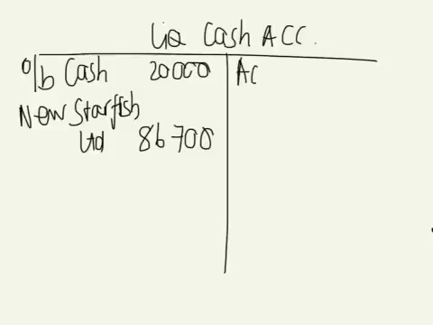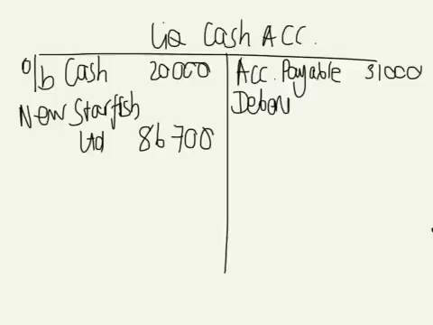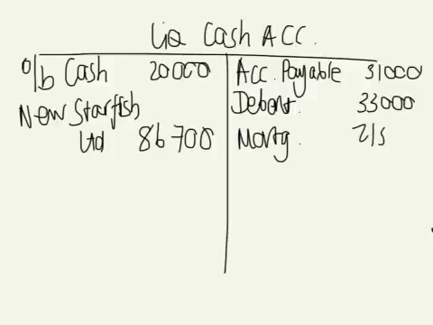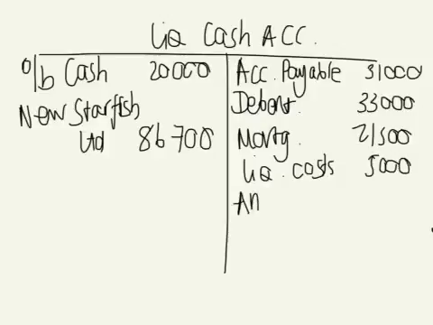Okay, so accounts payable 31, the debentures including the premium 33, the mortgage 21,500, the liquidation costs 5,000, and the other unrecorded liability, annual leave 16,200.